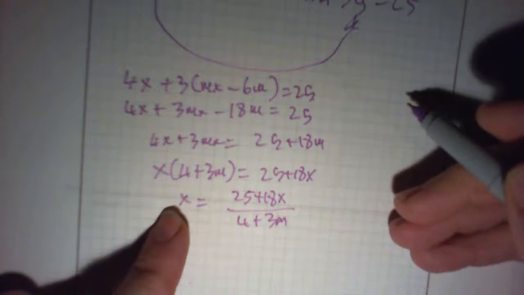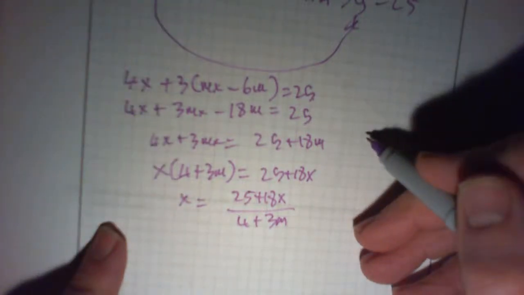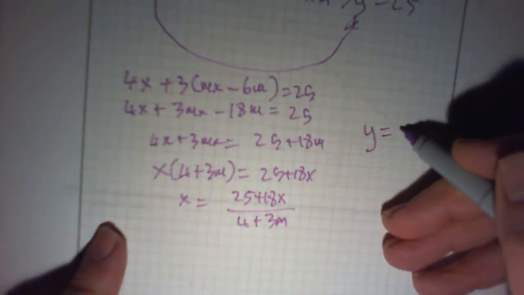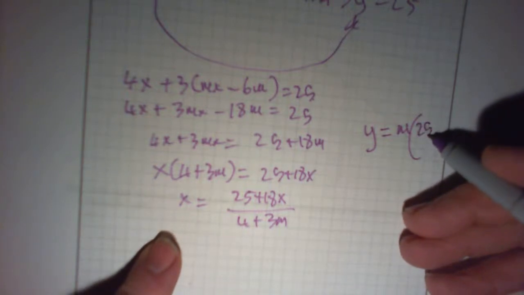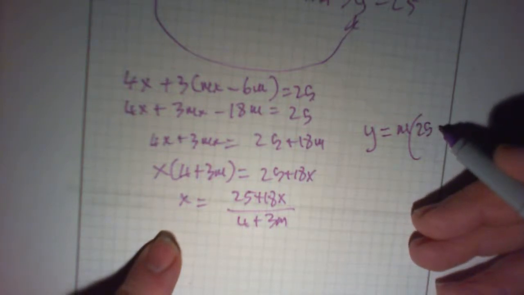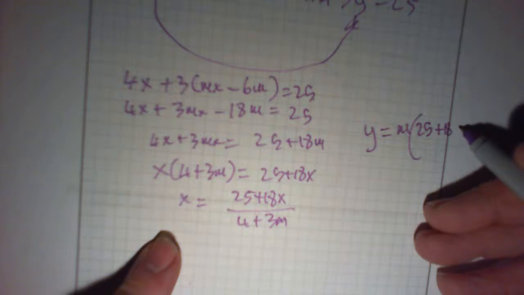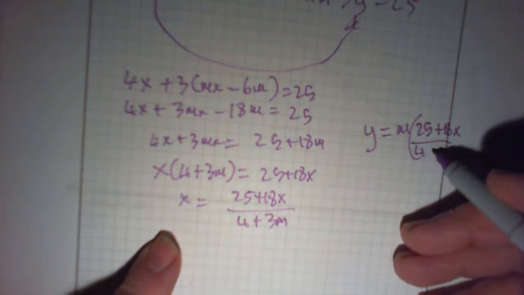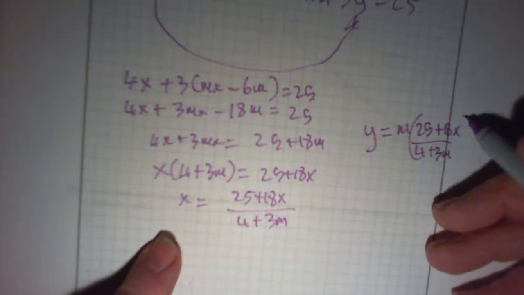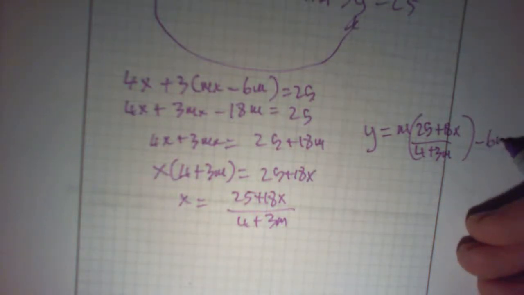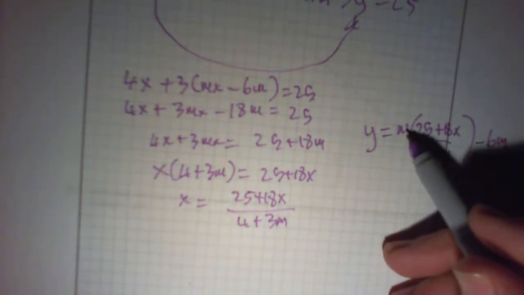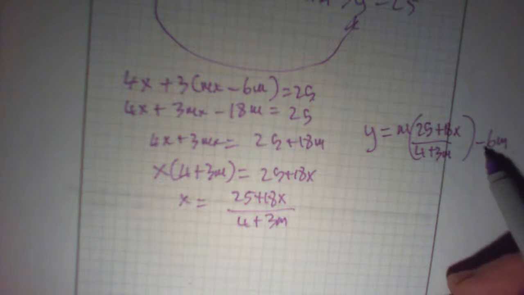So now we're going to have to substitute it back into this one. So now it's going to be y equal to m times (25 plus 18m) over (4 plus 3m), minus 6m. We'll do this in stages. First of all, we'll get this distributed across, and then we'll factorize.